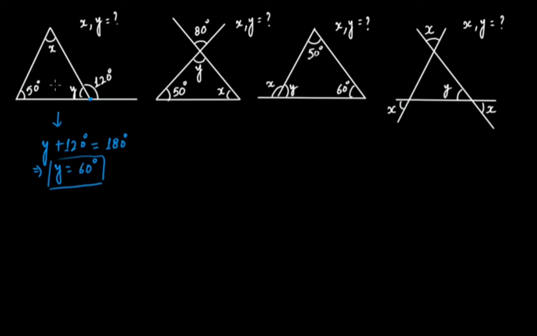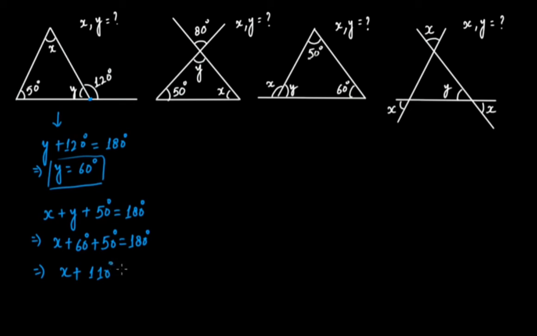Now we can apply angle sum property: x plus y plus 50 degree equal to 180 degree. Since y is 60 degree and this is 50 degree, this will be x plus 110 degree equal to 180 degree. This gives you x as 180 degree minus 110 degree, which means 70 degree. So x is equal to 70 degree and y is equal to 60 degree.